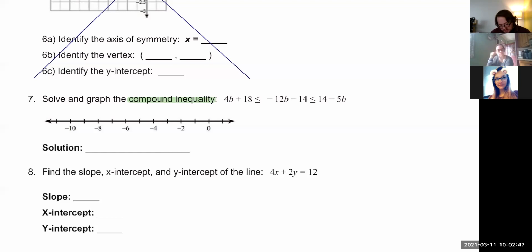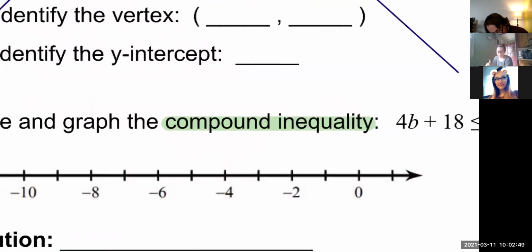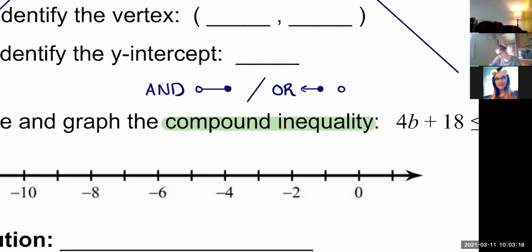But as a side conversation, we had 2 types of compound inequalities. We had the and inequalities, which when graphed typically were 2 points and we shaded between. But we also had or inequalities, in which case we had 2 points and we shaded opposite directions.